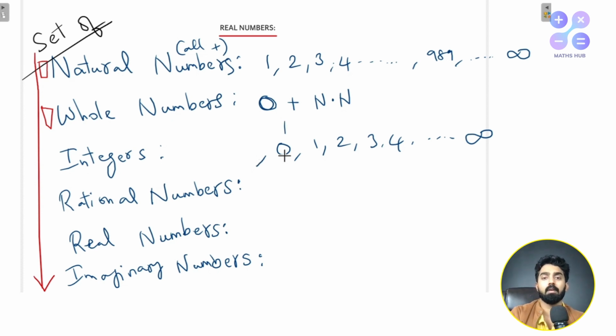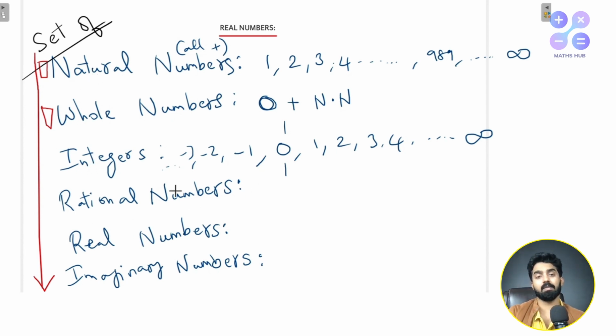If you put a mirror at 0 and everything else is reflected, you get -1, -2, -3, and all the way to the other side of infinity. So integers is a set which contains all the whole numbers plus all the inverses of the natural numbers, like -1, -2. And that's why this set is almost twice as big as the set of whole numbers.